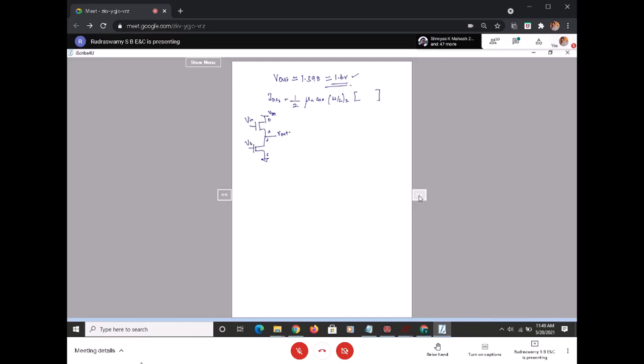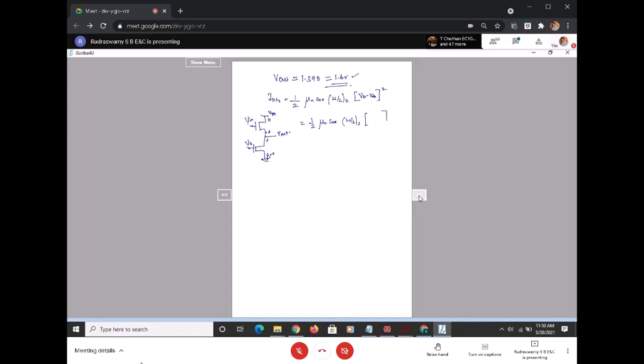Now VGS is basically VB minus 0, because the source is at ground potential. V in is VB, so it is VB minus VTH whole square. Previously the VGS was V in minus V out, but now it is VB minus VTH, and that is given by half times mu n Cox W by L of 2.